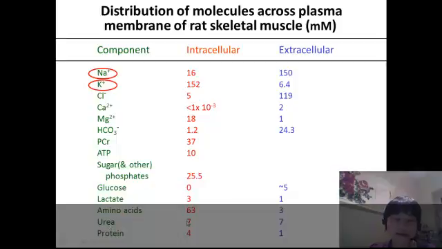Urea has the same concentration within the cell and outside the cell. Protein has a much higher concentration. So this table illustrates the distribution of different molecules across the membrane, and that provides some information for us to understand membrane transport.